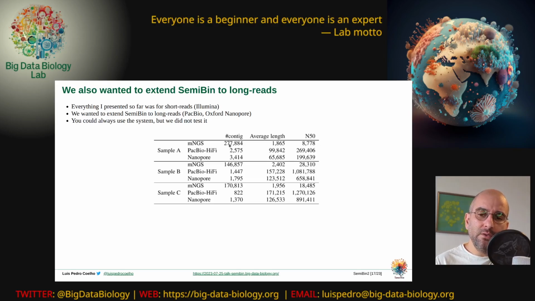And you can see that these are the contigs, so this is not the original reads that you get, but after assembly. So the contigs from Illumina are about 2,000 base pairs, and the contigs from the other technologies are hundreds of thousands of base pairs. And with Illumina you have hundreds of thousands of contigs, and with the other technologies you have thousands of contigs.